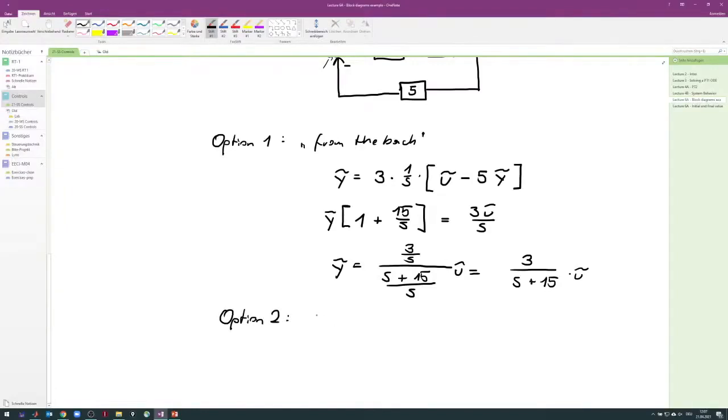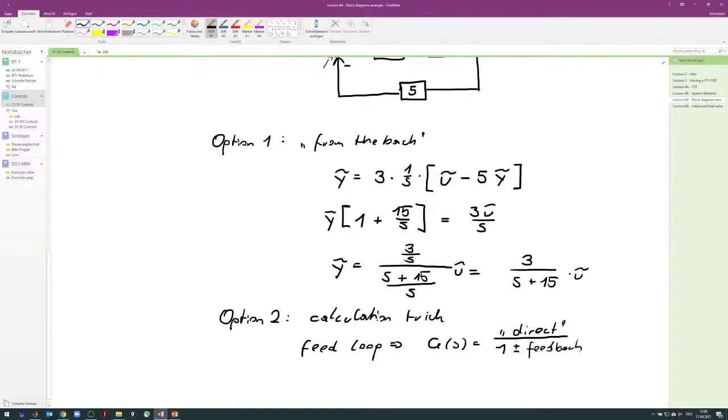So the second one was this calculation trick, where we said, if there's a feedback loop, and it's only holding for a feedback loop, that's important to remember, the transfer function goes directly from the input to the output, over 1 minus or plus, you need to change the sign here, the feedback loop.